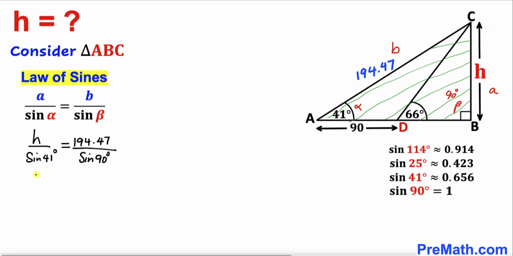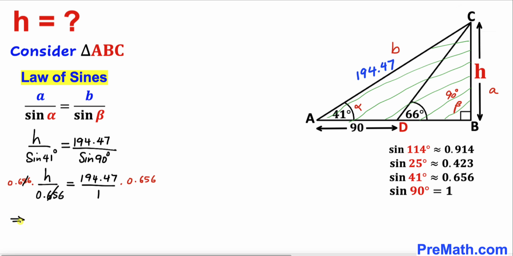So therefore our equation is going to become H divided by 0.656 equal to 194.47 divided by 1. Now let's multiply both sides by 0.656. In order to isolate H, I'm going to multiply on the right hand side by 0.656 as well. And here on the left hand side they cancel each other out.